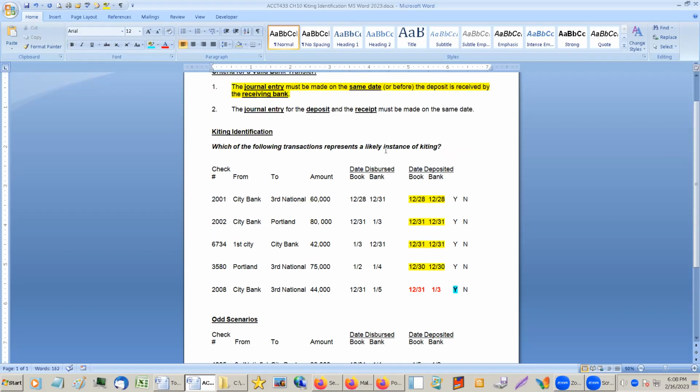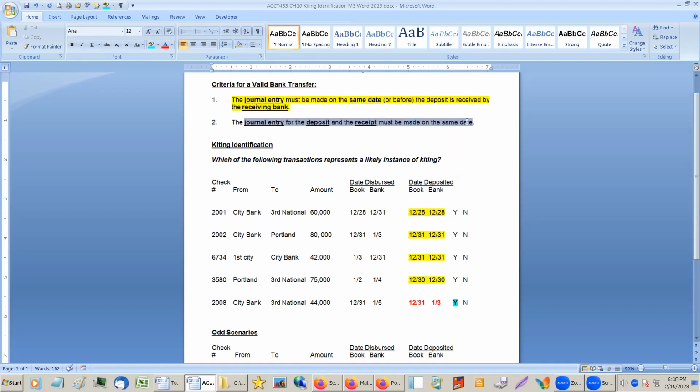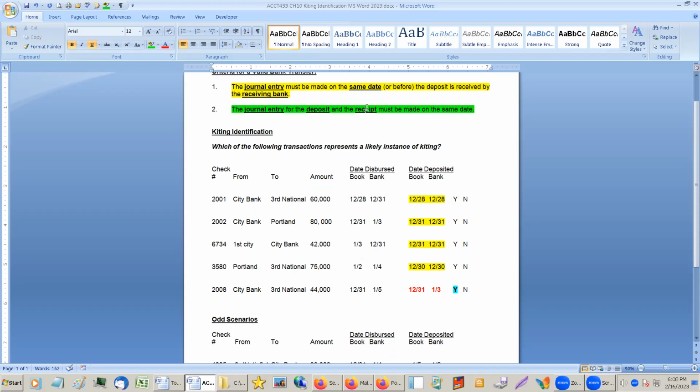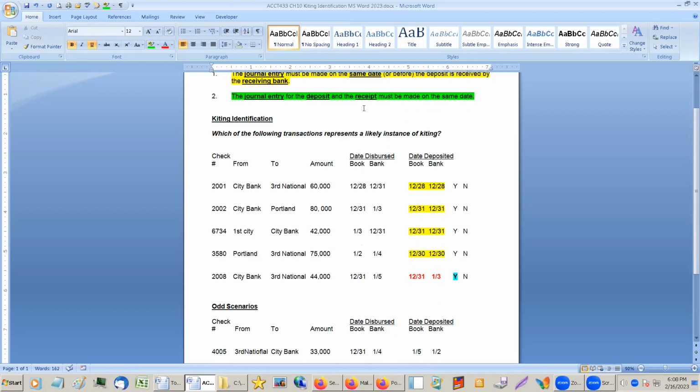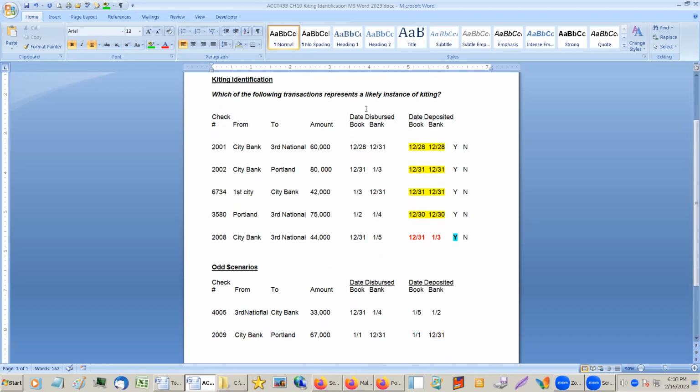All right, let's go to the second criterion. The journal entry for the deposit and receipt must be made on the same date. Okay, so we're looking at the book amounts here.